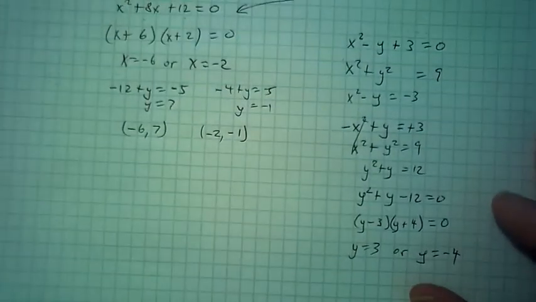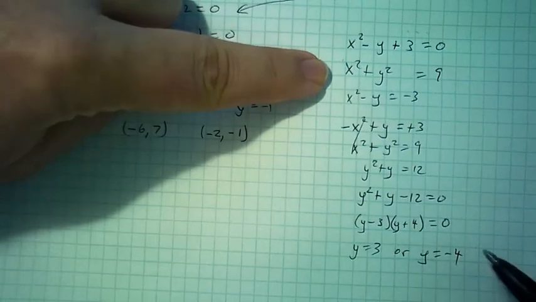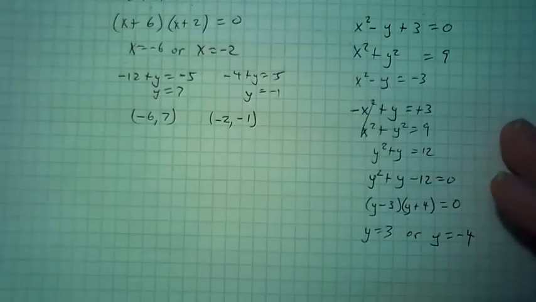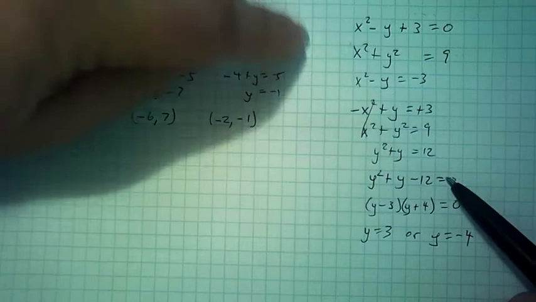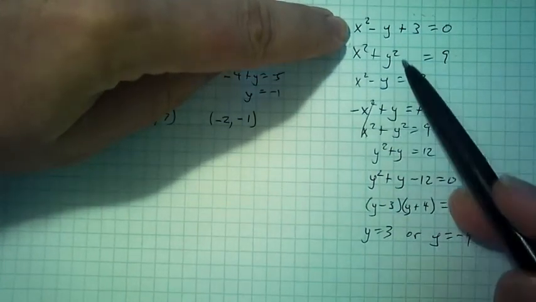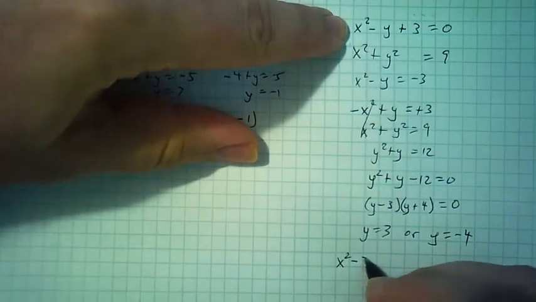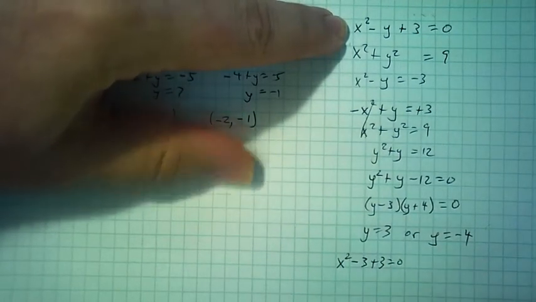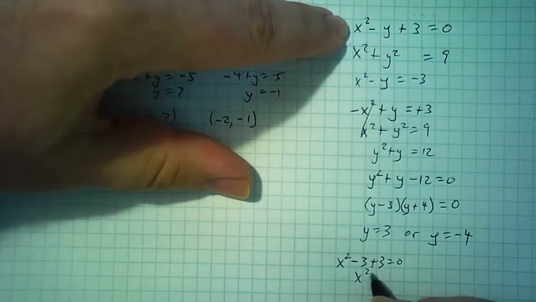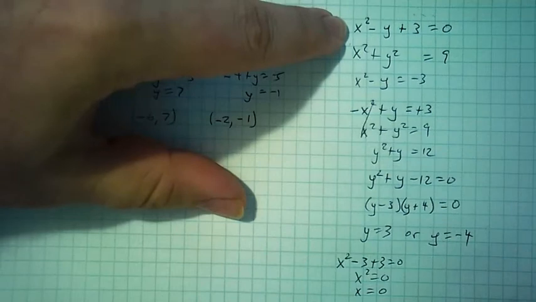Both of these are quadratics, which means each one of these values could have two x's that go with it. I'm going to go with the top equation because then I don't have to square the y's. So x squared minus 3 plus 3 equals 0. Oh, x squared equals 0, which is plus or minus 0, or just 0.